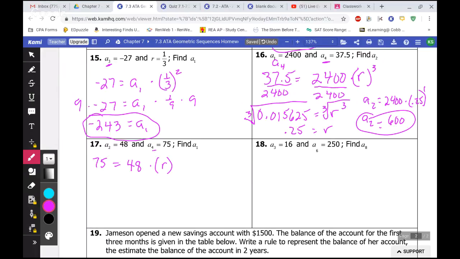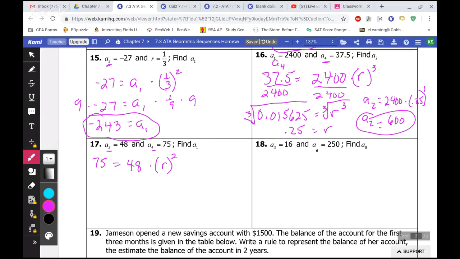This is the difference between these two, right here, because the ratio would be squared. Because here, instead of taking 4 minus 1, because you had the first term and the fourth term, here it's 4 minus 2.